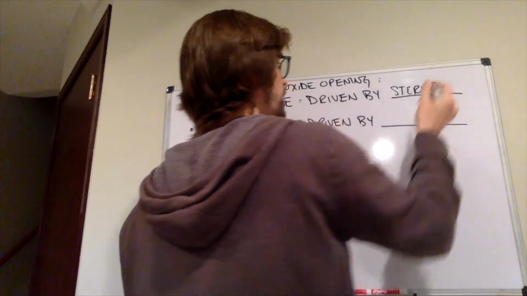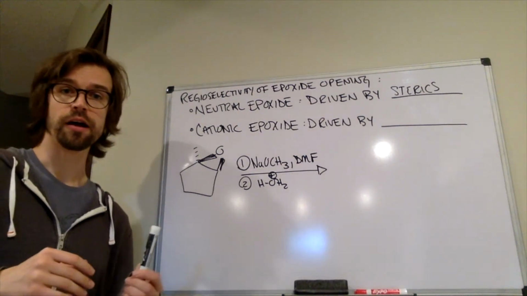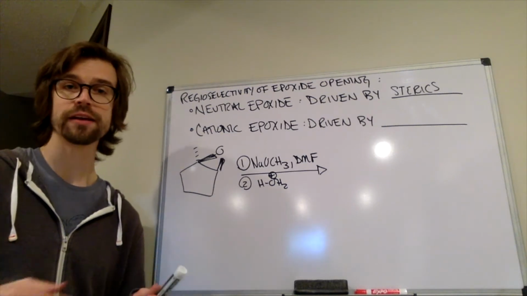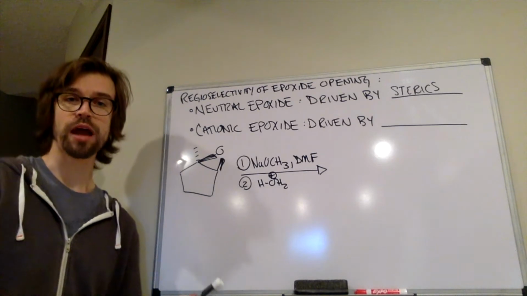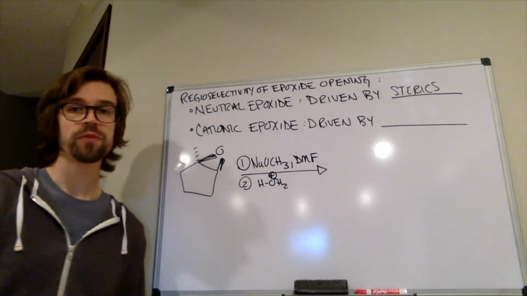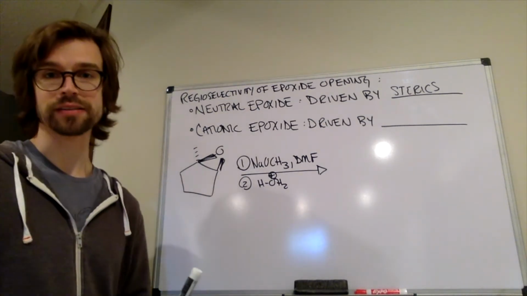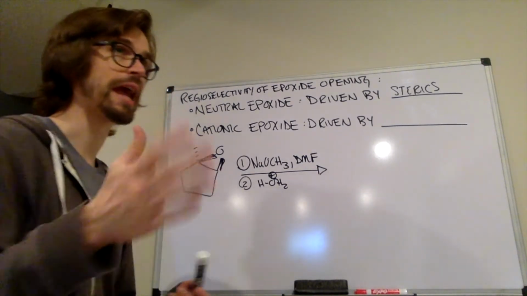So if we had a strong nucleophile and a neutral epoxide, that nucleophile was going to add to the more sterically accessible position. If we have a primary side and a secondary side, the strong nucleophile would add to that primary side, driven by sterics. If we have a cationic epoxide, the addition was driven by the cationic epoxide.